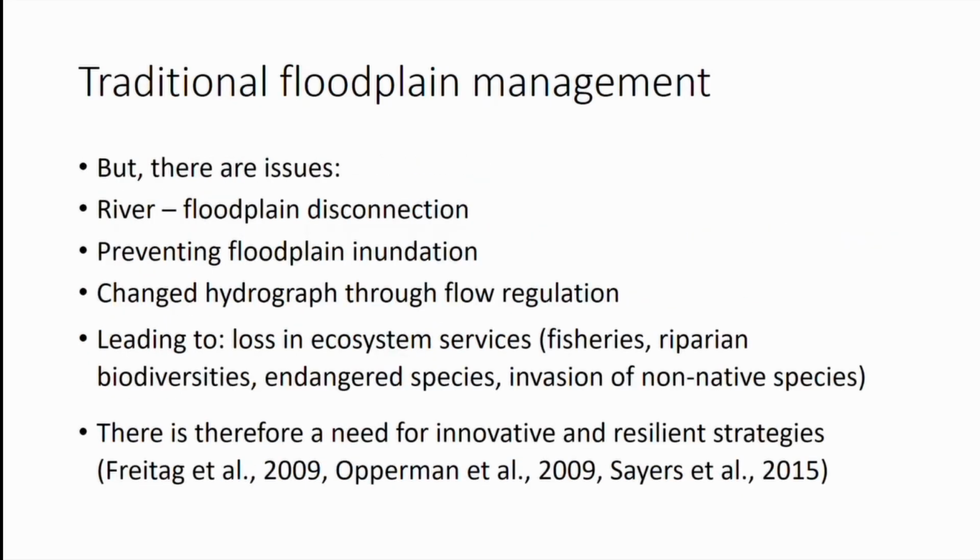So this is what we've been doing for a long time, since the 1700s. But we've identified so many issues with such approaches. And one of them is the disconnect between the river and the floodplain.